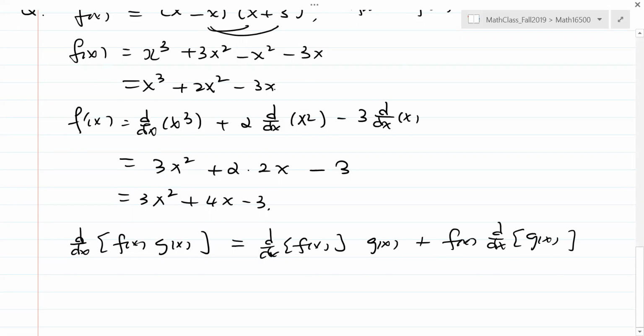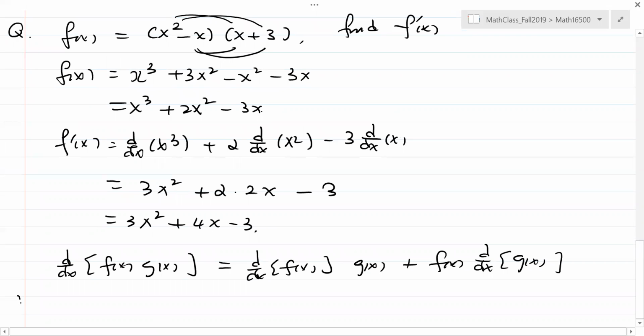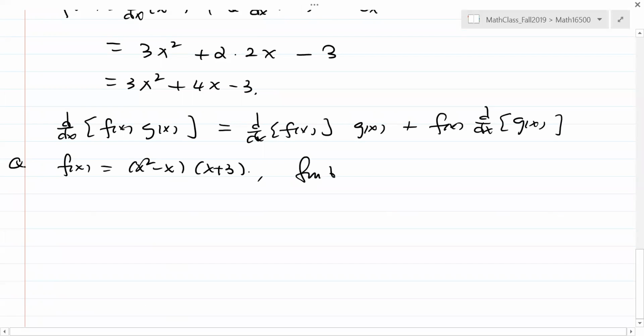All right, so we can do the same problem using the above formula. Find the derivative. How to do that?